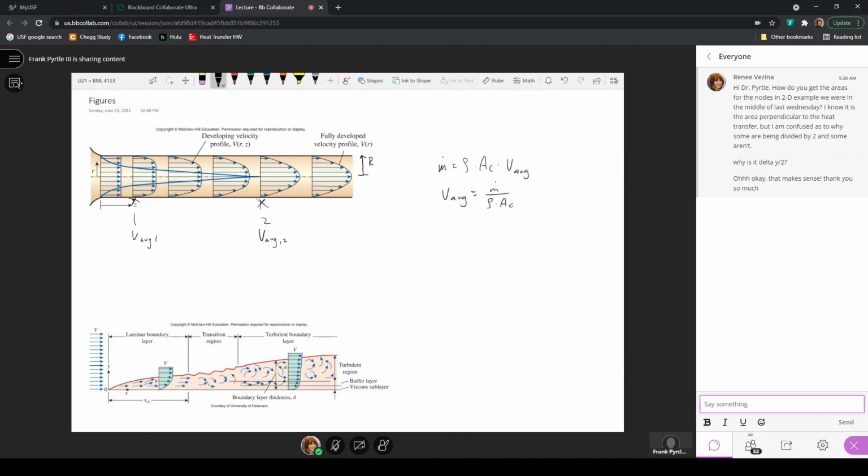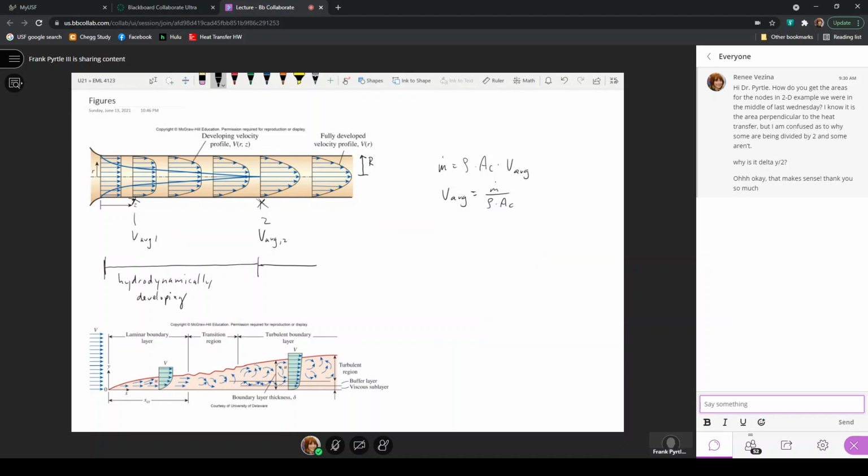So we consider this to be the inlet of the pipe to the point at which this blue line, the velocity boundary layer, grows together to the center line of the pipe. As it's growing, this is what will be called the hydrodynamically developing region.